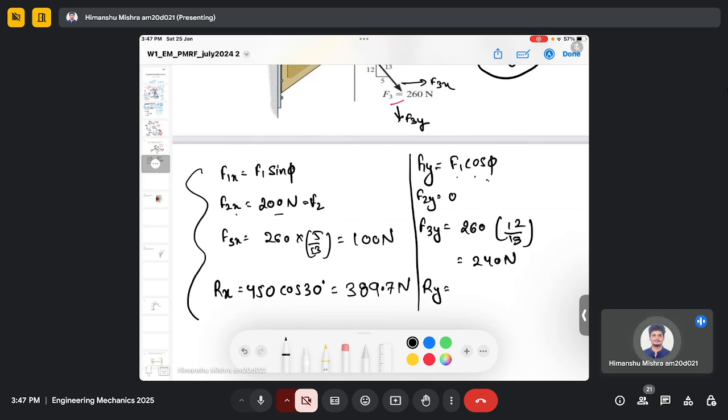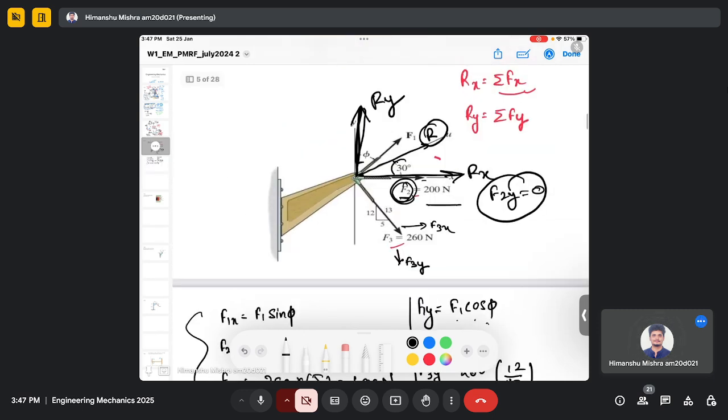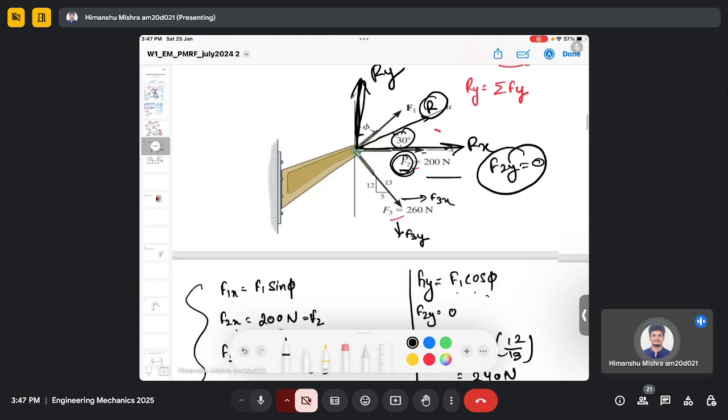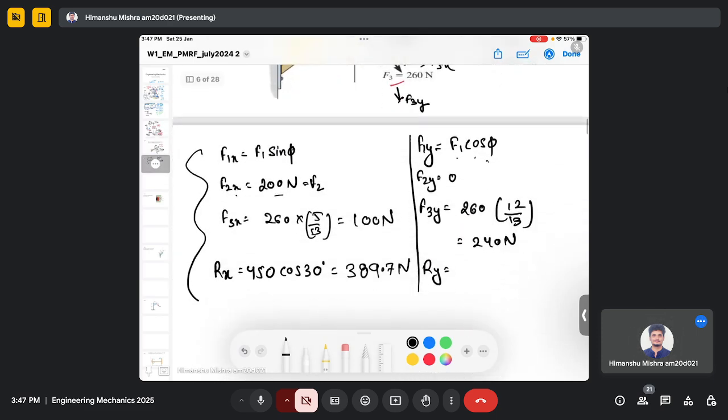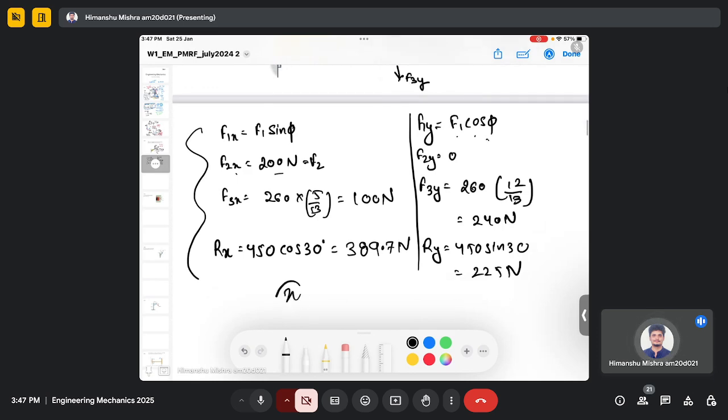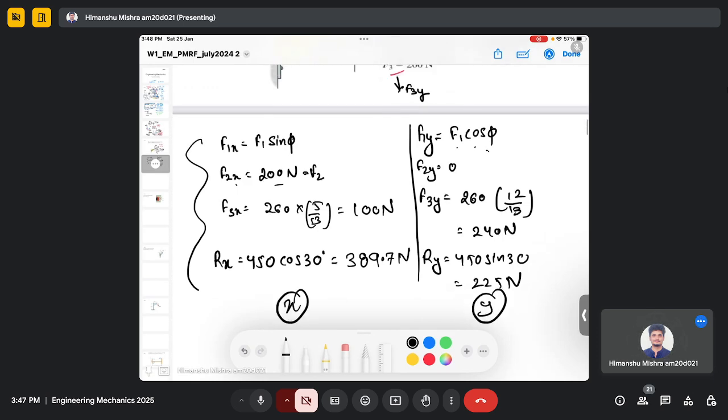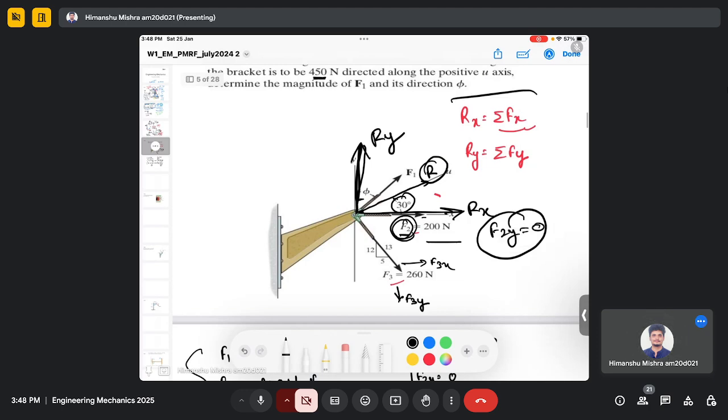And Ry can be solved by directly using this angle 30. So it will be 450 sin 30. Sin 30 is half, so it will be 225 Newton. So this is my x component and this is my y component. Then we can use the fact that Rx is given by the summation of Fx and Ry is given by the summation of Fy.